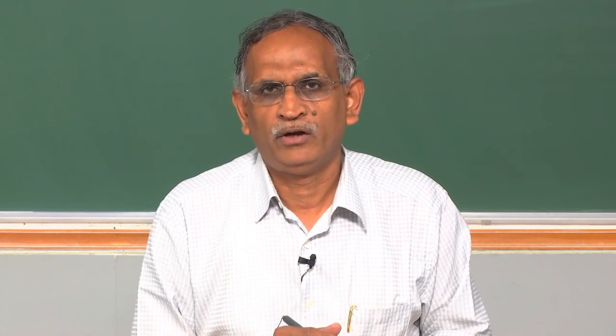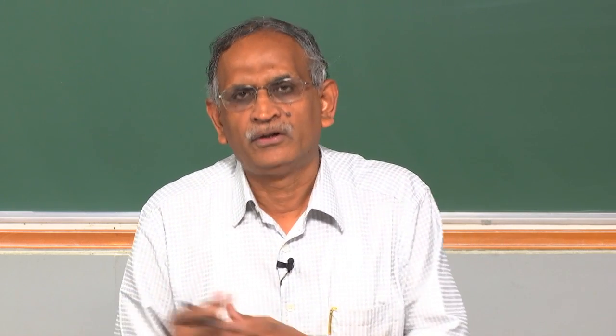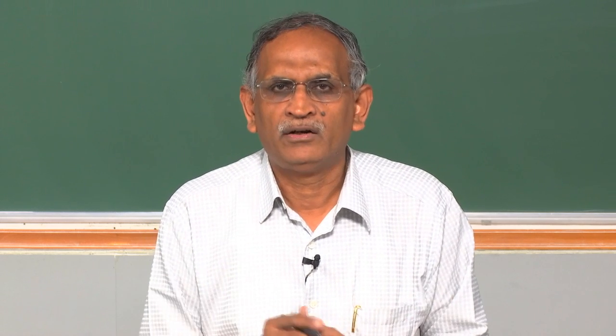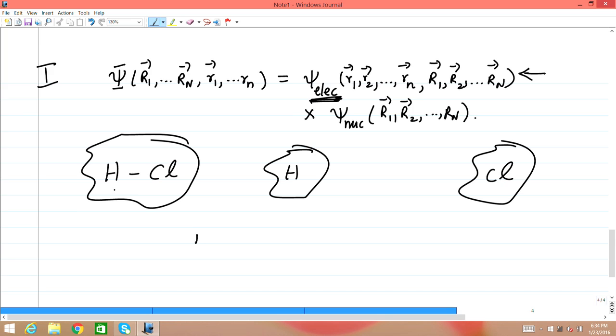What about the nuclear wave function? Why are they not functions of the electron coordinates? The argument that you find often in textbooks is that the mass of the electron is a very, very small quantity compared to the mass of the proton. It's about 1840 times less.